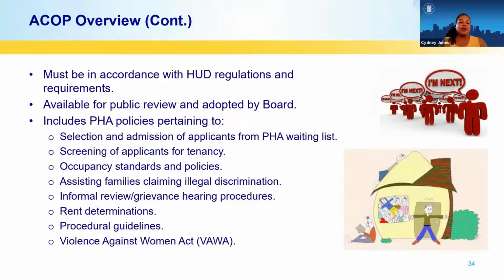We also have to outline in our ACOP how we are going to determine our flat rents, how we're going to provide notice to families when it comes to recertifications, and whether they want to pay income-based rent or flat rent. And then we also have to have policies related to the Violence Against Women's Act, like an emergency transfer plan.